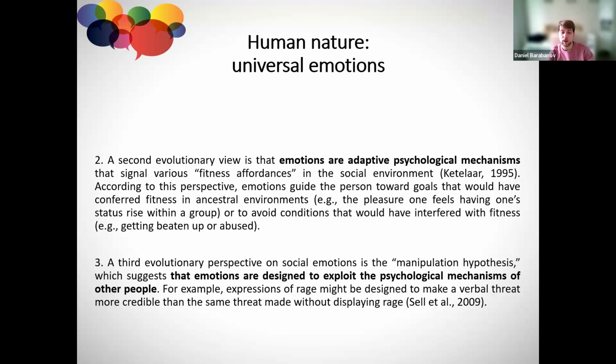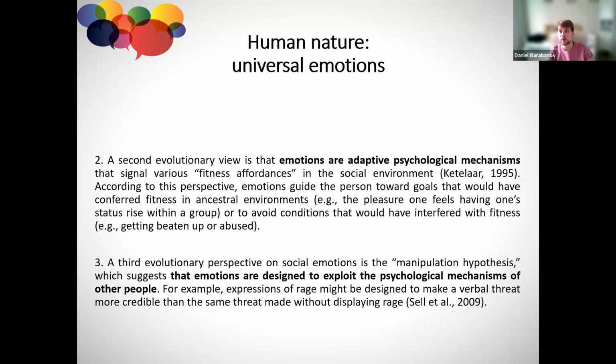So, for example, if you threaten someone, the threat would be more realistic if you show the emotion of anger. So threatening other people and showing anger helped our ancestors not to get involved in a physical fight if possible, right? And increased chances for survival.